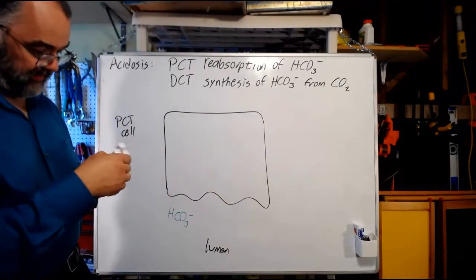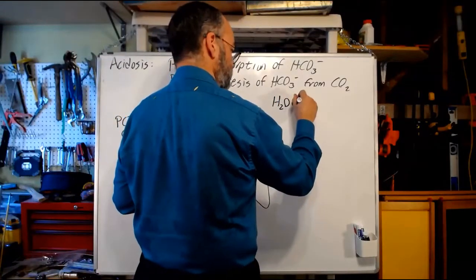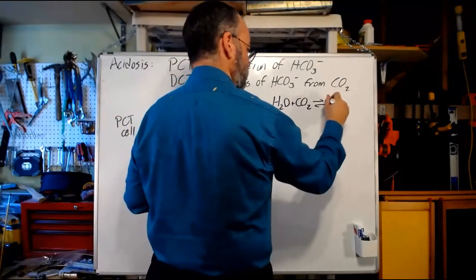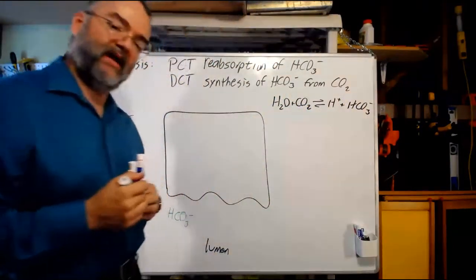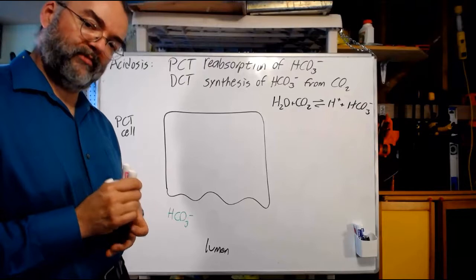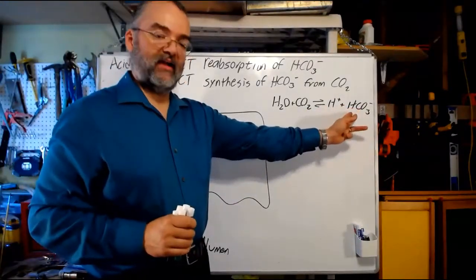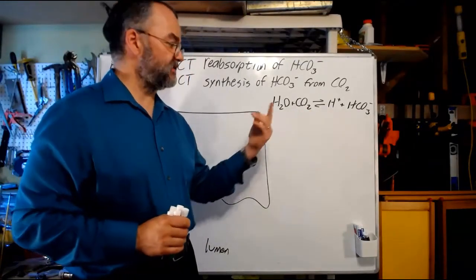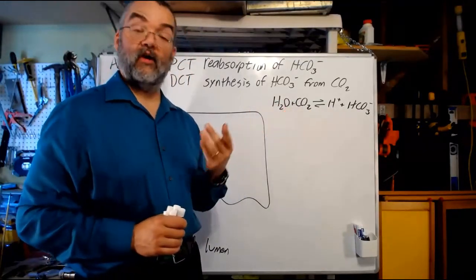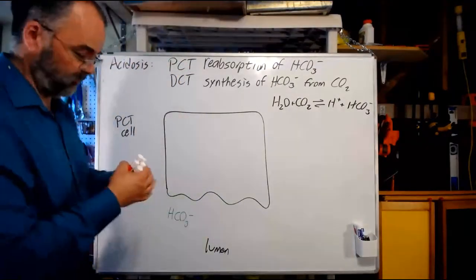If only there was some way to turn bicarbonate into a form that could cross cell membranes. If only there was a way I could take bicarbonate and make it into something which can diffuse across a cell membrane, like carbon dioxide, perhaps. Yes, that would work. Carbon dioxide would work very well.